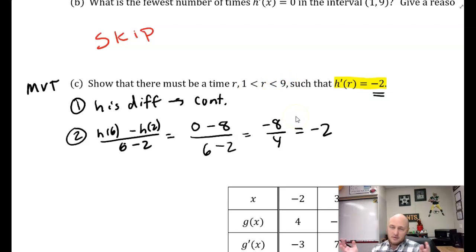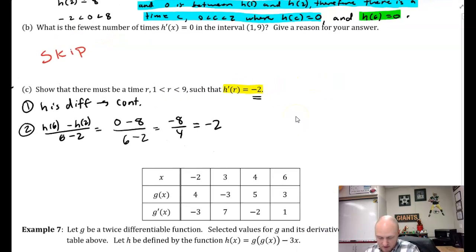So what does that mean? Well, that means that I have a value also on the interval 1 to 9. So let me write this conclusion for us.